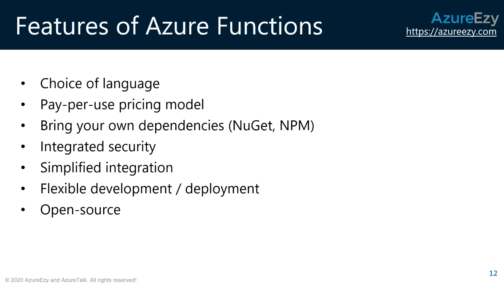So you can just use the Azure Function out of the box. So that's where your choice of language is yours. It's not limited to Azure, but they are covering a lot of languages right now. I think as the technology grows, they will also be growing.